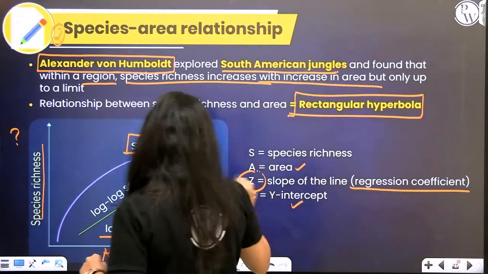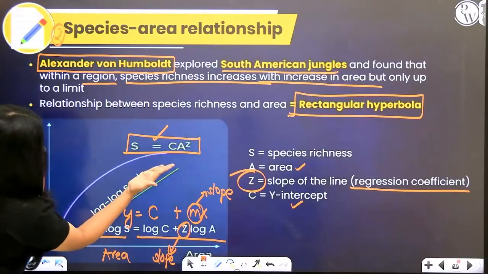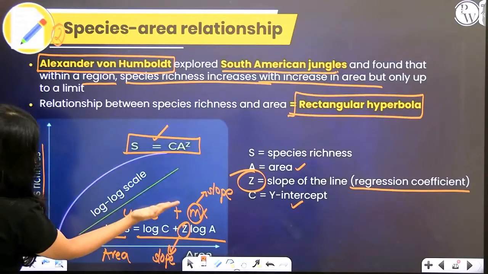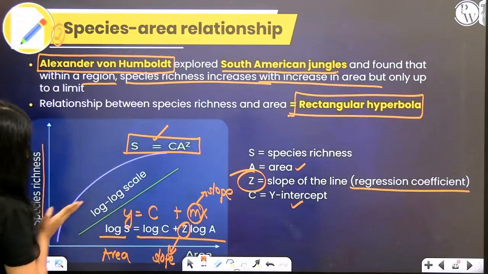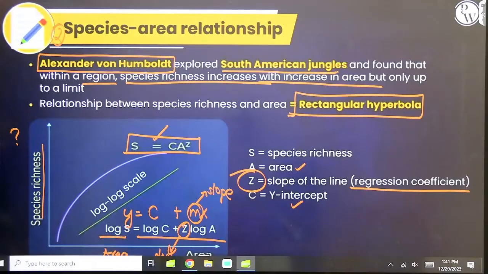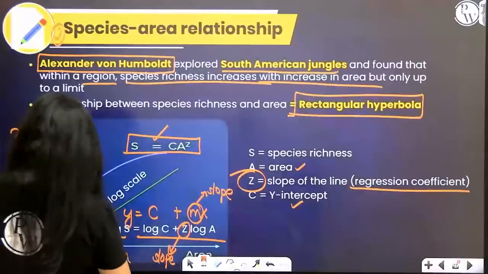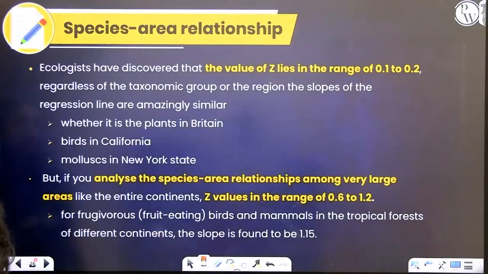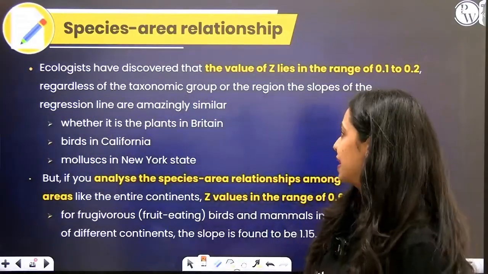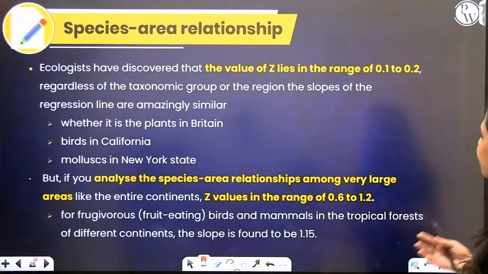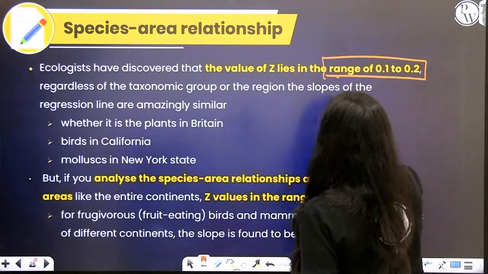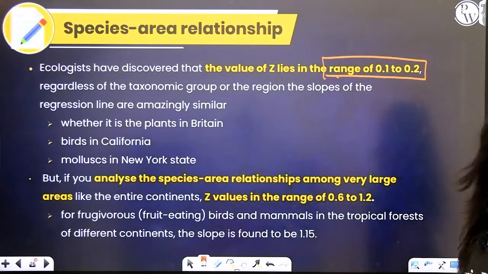Now, if the value of Z is high, the slope will be steeper. If the value of Z is low, the slope will be less steep, more flat. Okay? Now, if you discover the value of Z in different areas, it usually ranges from 0.1 to 0.2.